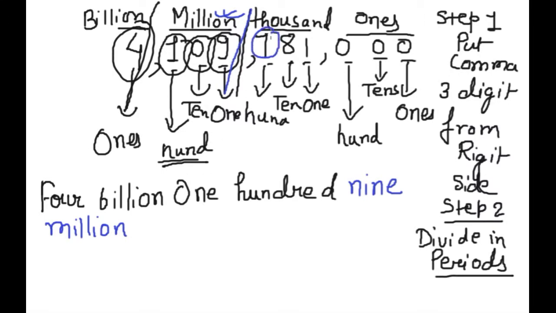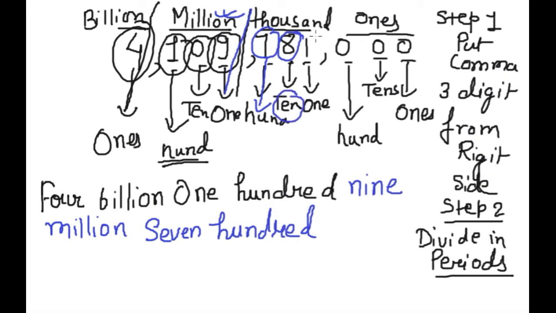Now come to 7. The place value of 7 is 100, so 700. Next is 8. The place value of 8 is tens and this is 1, so 81.